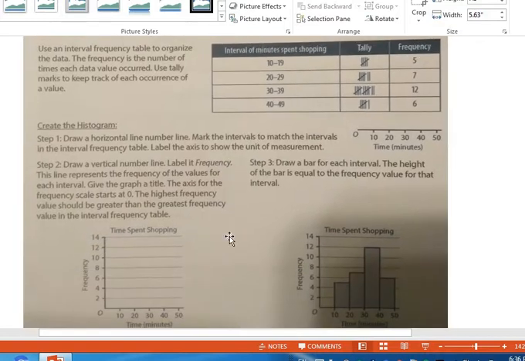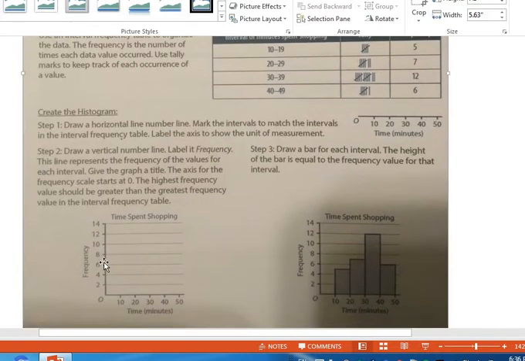Can you see it here? We draw the horizontal number line and the vertical number line, and here we start from 0. The axis for the frequency scale starts at 0. The highest frequency value should be greater than the greatest frequency given in the question.